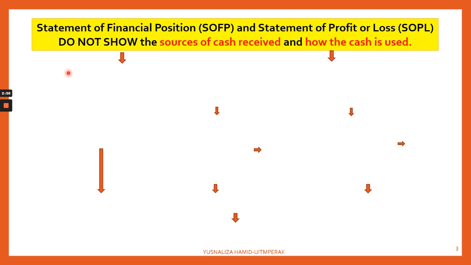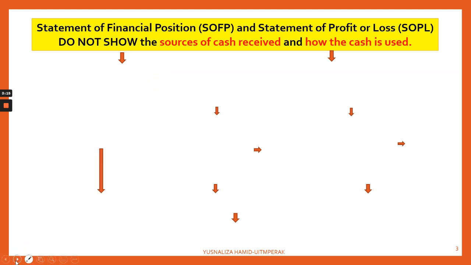Okay, before this, you were introduced to statement of financial position and statement of profit or loss in your earlier studies. However, those two statements do not show the sources of cash received and how the cash is used.